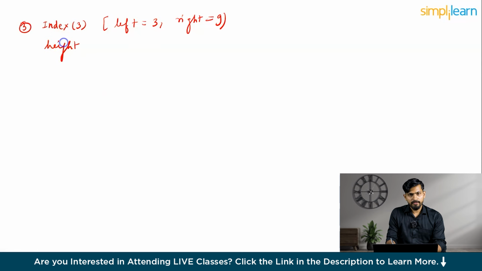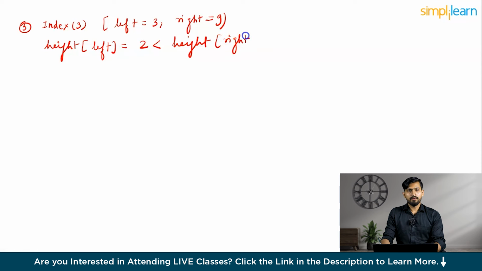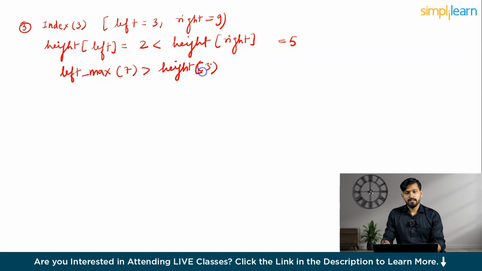So height of left would be 2, and this is greater than height of right, which is equal to 5. Now our left max would be 7, which is greater than height of 3, which is basically 2 units.